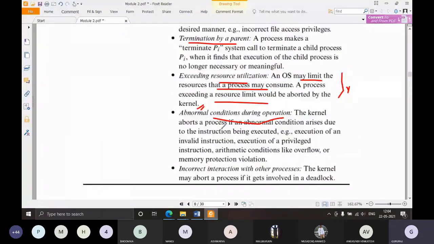Next reason is abnormal conditions during operation. The kernel aborts processes if an abnormal condition arises due to the instruction being executed, such as execution of an invalid instruction, execution of a privileged instruction, arithmetic conditions like overflow, or memory protection violation. You might have seen this in your systems whenever you try to install a third-party application that is a virus.